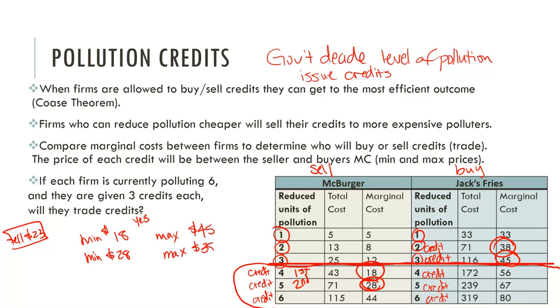So that's the most they'd be willing to spend. So we're going to say yes, they can negotiate some fee in between here. Maybe they say, I don't know, we'll sell this one for $30. Okay. And then McBurger gets an extra $2 and Jack saves $8. Maybe they negotiate 37, whatever it is, but it has to be somewhere in that range.